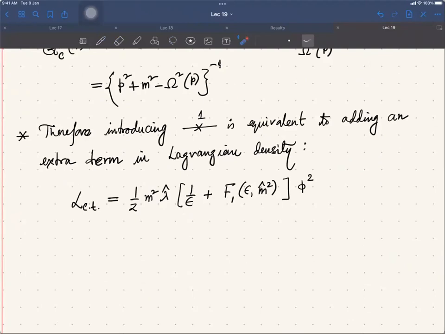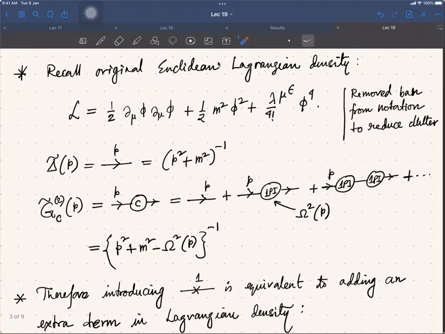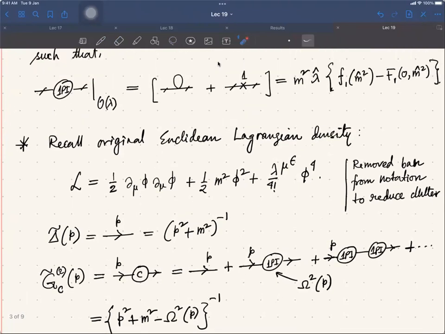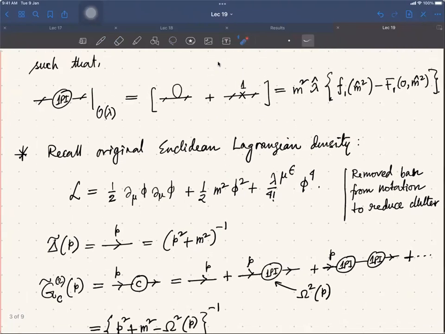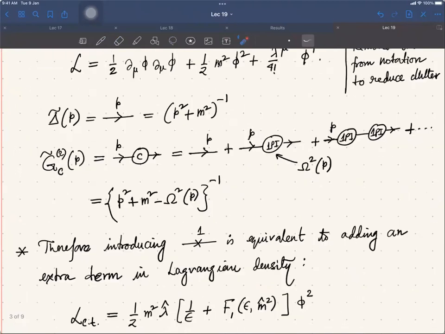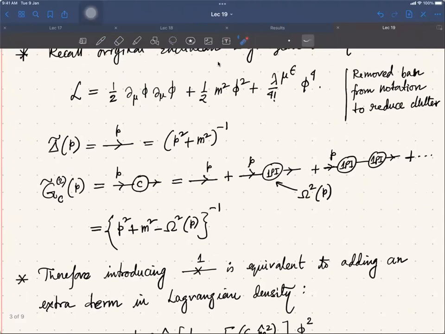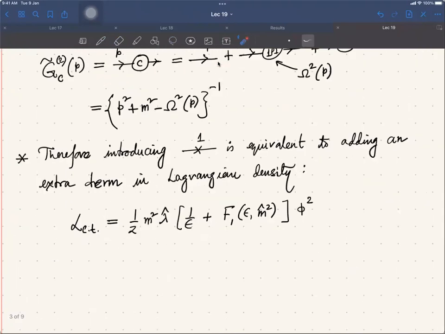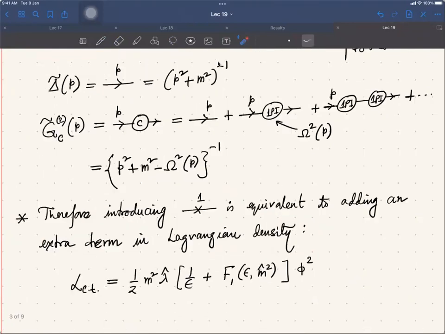Now, what we have here is basically, if you calculate this 1PI diagram, what we had calculated was this 1PI diagram at order lambda. Of course, there are higher order in lambda terms in the diagram sitting inside. But if we look at the theory at order lambda, then what will happen with this Lagrangian with the addition of this counter term Lagrangian?